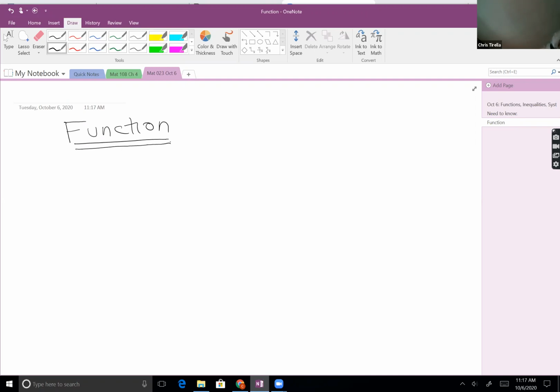What we're mostly going to do with functions in this class is define them and look at a little bit of function notation. Before I define a function, though, I need to define a relation. And a relation is just a set of ordered pairs.